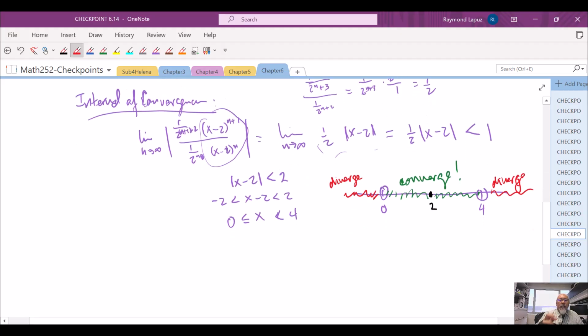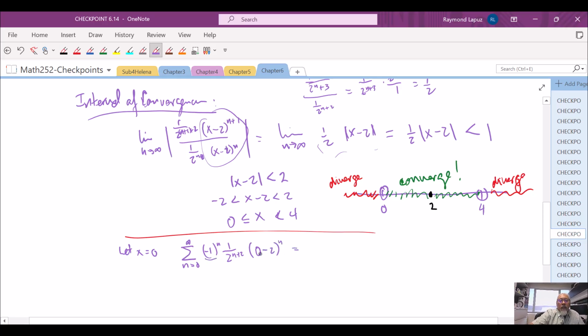So let's test this at 0. Let x equal 0. So our series will look like the series going from n = 0 to infinity of (-1)^n times 1 over 2^(n+2) times (x - 2)^n.